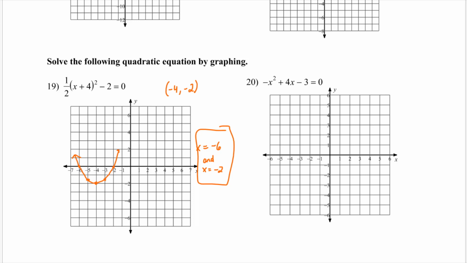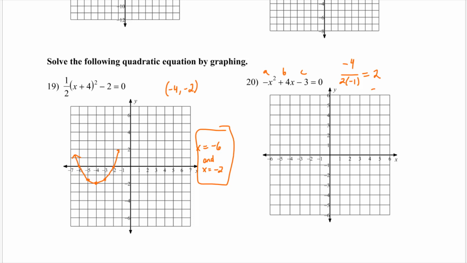20 is in standard form, so let's start off by getting the vertex. So negative b over 2a, so -4 divided by -2, which is +2, and then I'm going to plug it in.